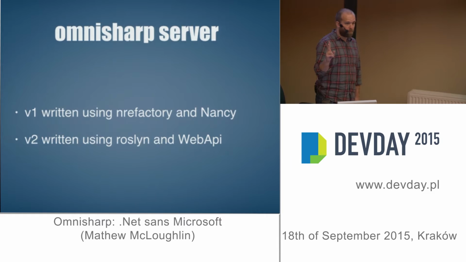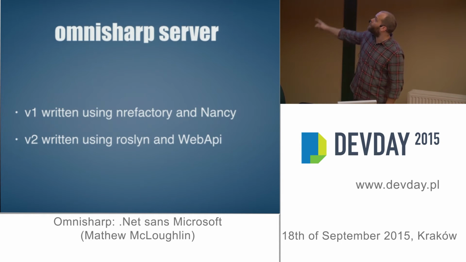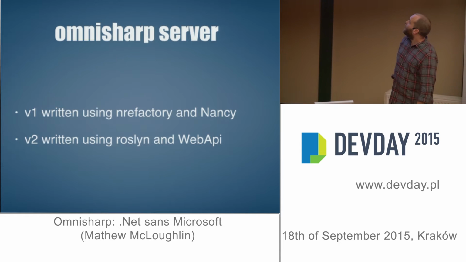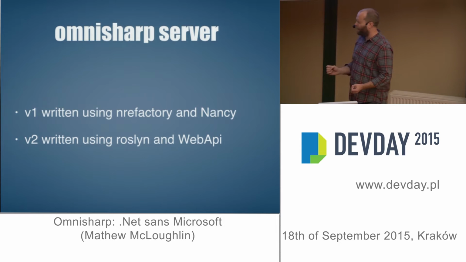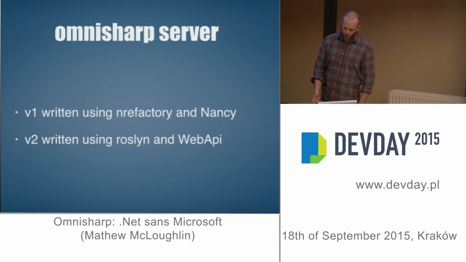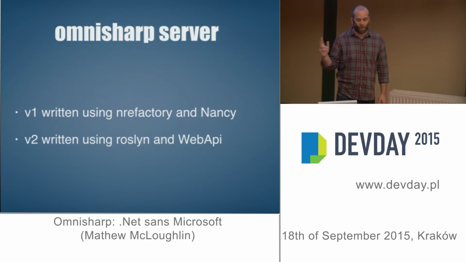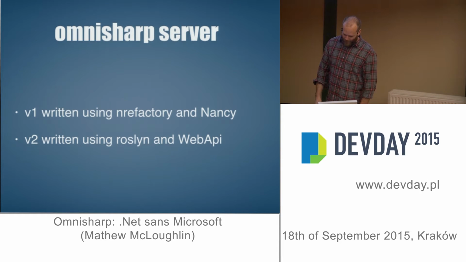We have two versions. We have version 1, which was the original one written by Jason back in 2011. That was built using NRefactory, which is a static code analysis library that Mono developed, and SharpDevelop, I believe, still use for their editors. And it exposed the endpoints using a web framework called Nancy, which is a great framework. If anybody's ever used it, you should try it. Version 2 was written using something called Roslyn.